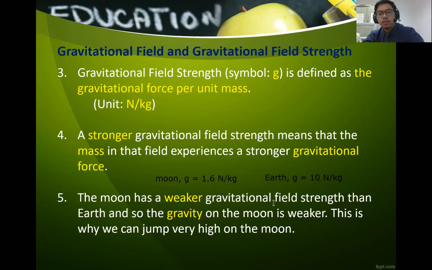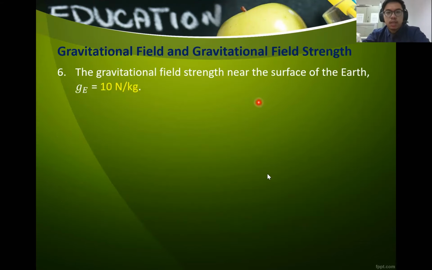As you can see, the Earth has a bigger gravitational field strength, so the gravity on Earth is stronger than on the moon. This is why we can jump very high on the moon, because the gravity is weaker there and we feel much lighter. Like I said, the gravitational field strength near the surface of the Earth is 10 newtons per kilogram. That is a very important value that you have to remember for your exam.